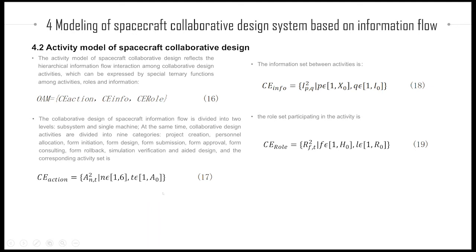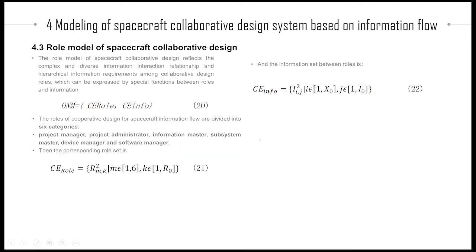At the same time, collaborative design activities are divided into 9 categories, as shown in Formula 17. The information set between activities is expressed in Formula 18. The rule set is expressed in Formula 19.